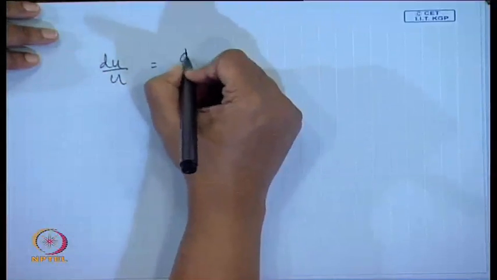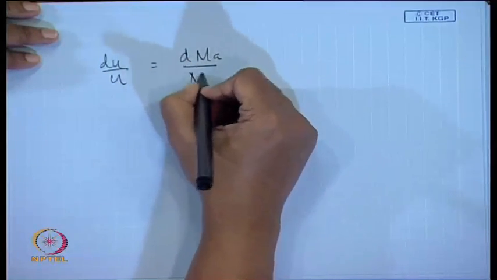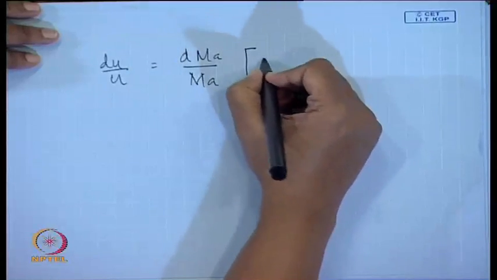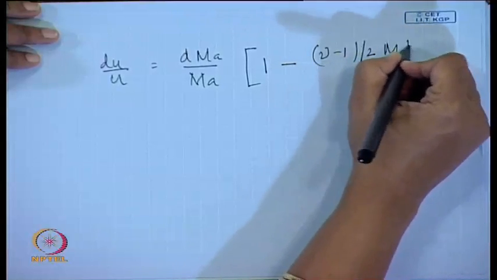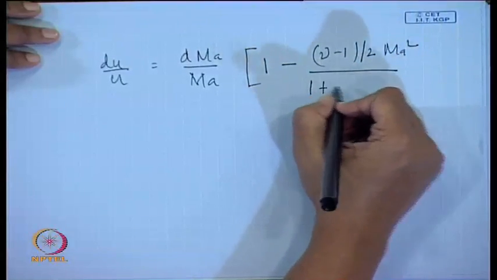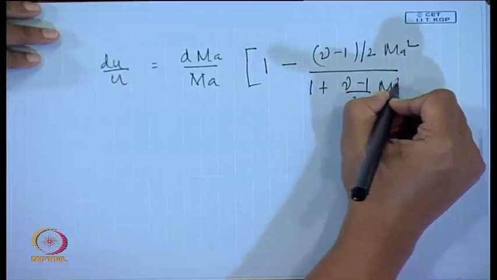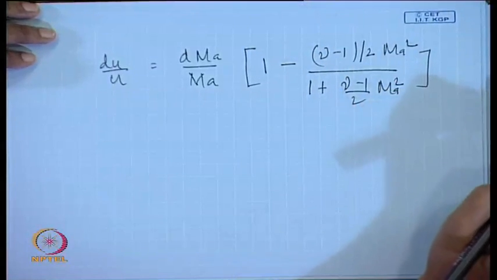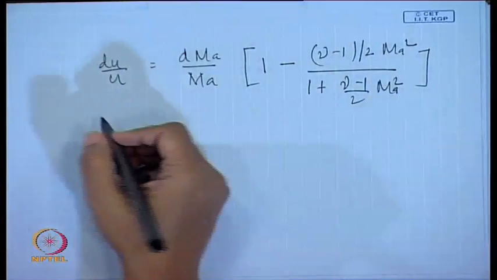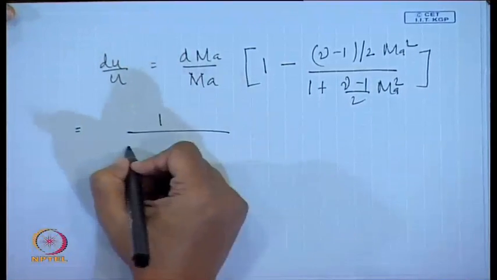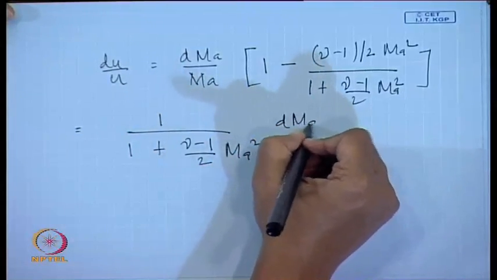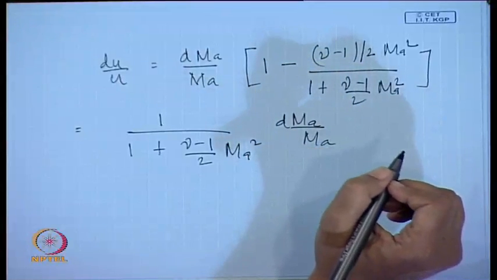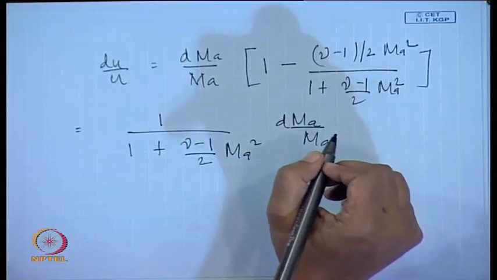If we do it, we find that du by u becomes dMa by Ma times 1 minus gamma minus 1 by 2 Ma square by 1 plus gamma minus 1 by 2 Ma square, or this can be written down as 1 by 1 plus gamma minus 1 by 2 Ma square. This is the thing that we can get from this particular condition.